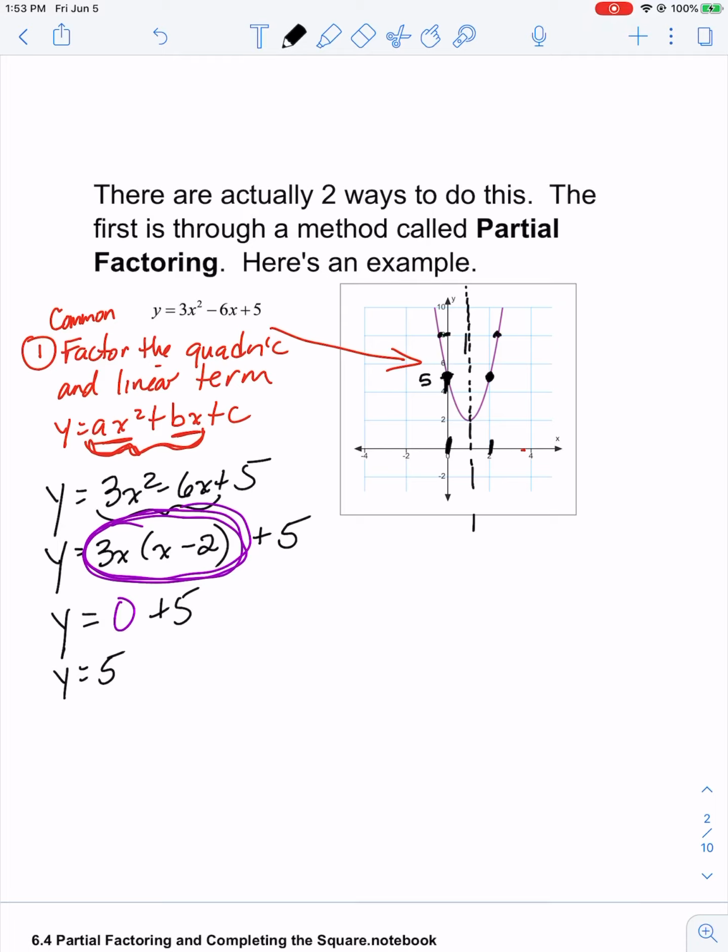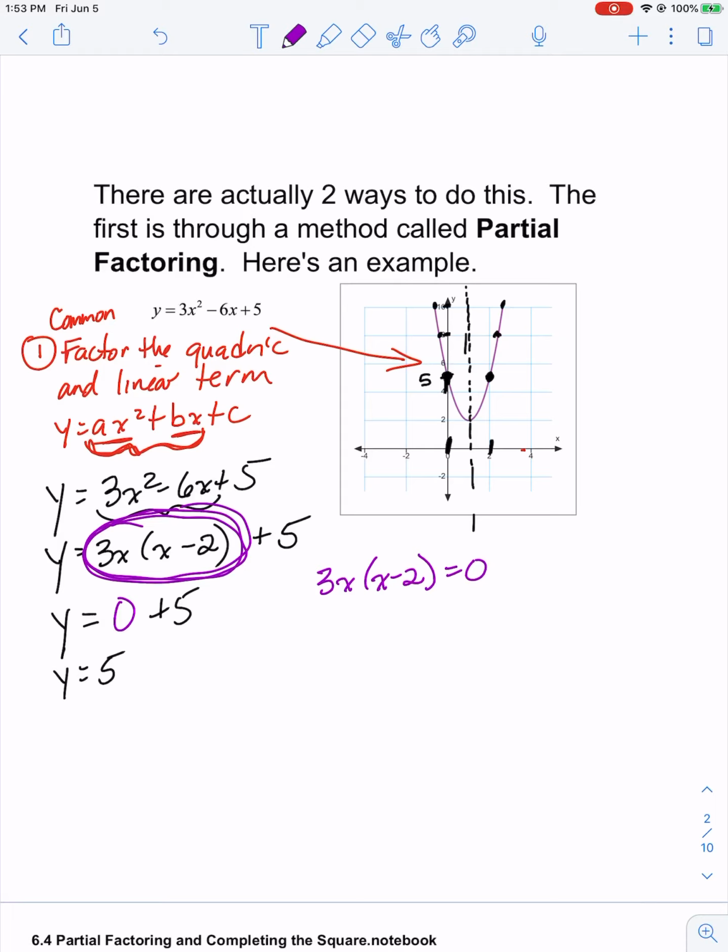The axis of symmetry is directly in between, and we know that the vertex is on the axis of symmetry. When does y equal 10? Well, it equals 10 here and it equals 10 over here, and the axis of symmetry is exactly between those two. So we are actually trying to solve when does 3x times x minus 2 equal 0.